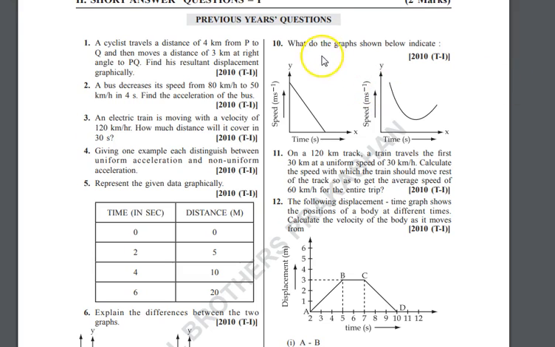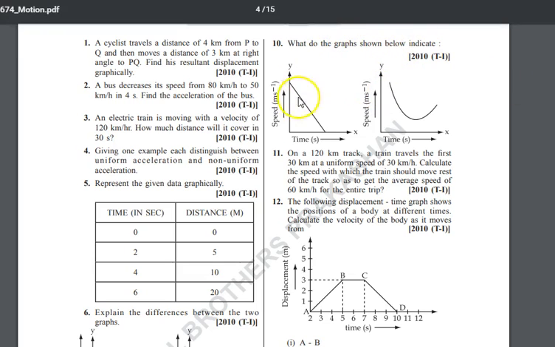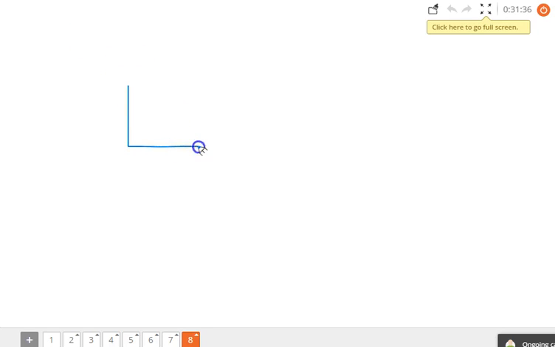What do the graphs shown below show? In the speed-time graph, speed is decreasing, time is increasing, right? In the first graph, speed is decreasing, time is increasing. When will it happen? When the speed will be decreased?